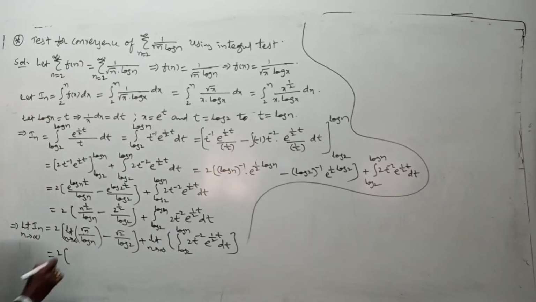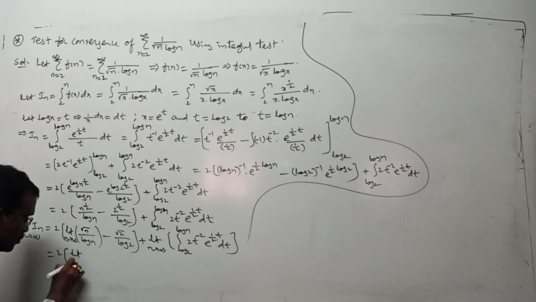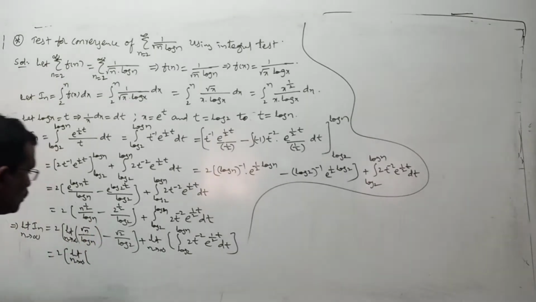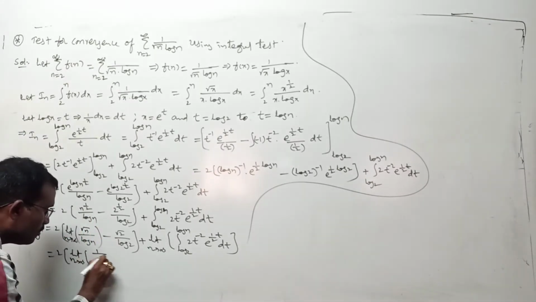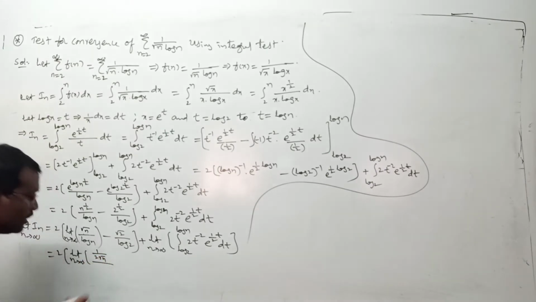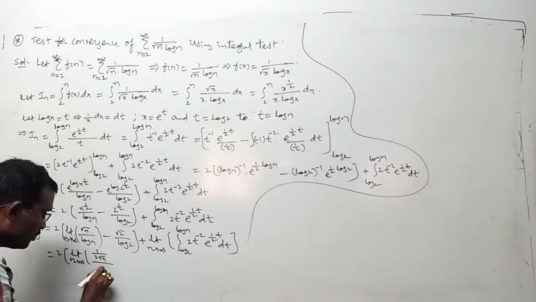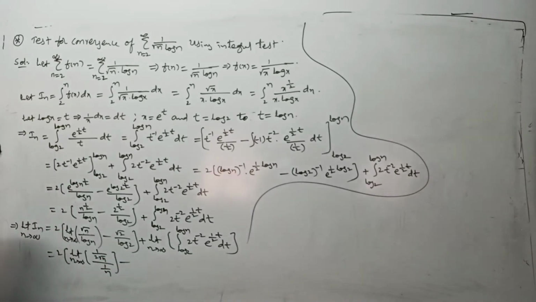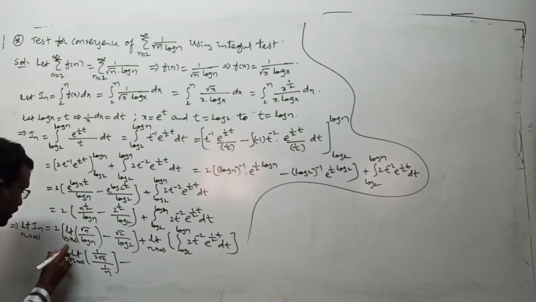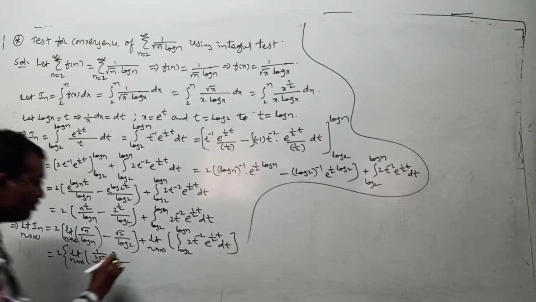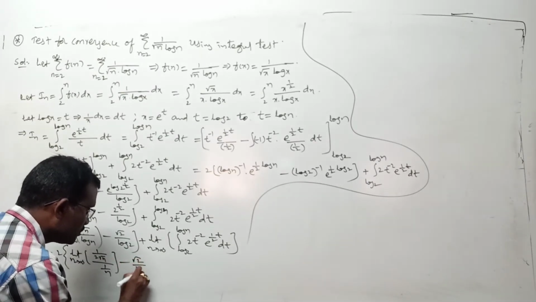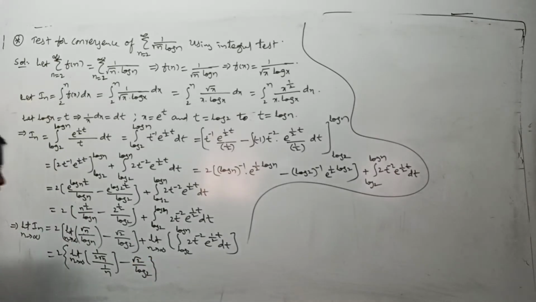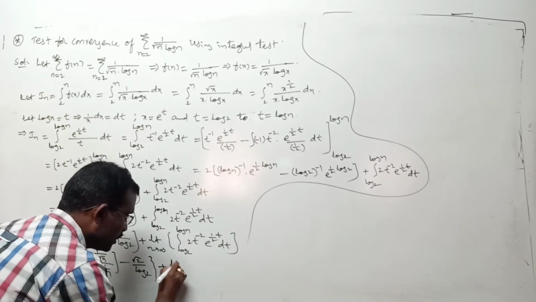What is that L'Hospital rule? Limit as n tends to infinity, differentiate numerator and denominator separately. Root n differentiation is what, ma? 1 by 2 root n. Log n differentiation is what, ma? 1 by n. Understood or not? Any problem is there? Here I am using set bracket for your convenience. Minus remaining term write as it is, no change at all, right? And this we are not doing any work, keep it as it is.